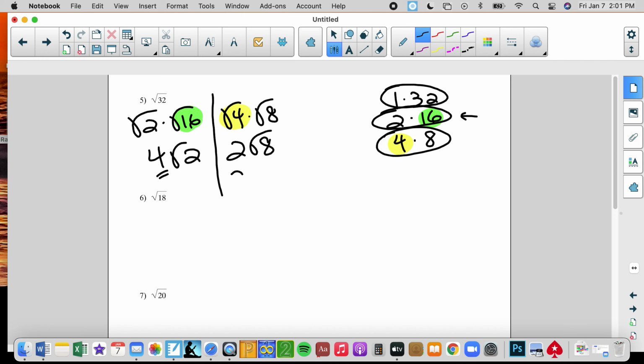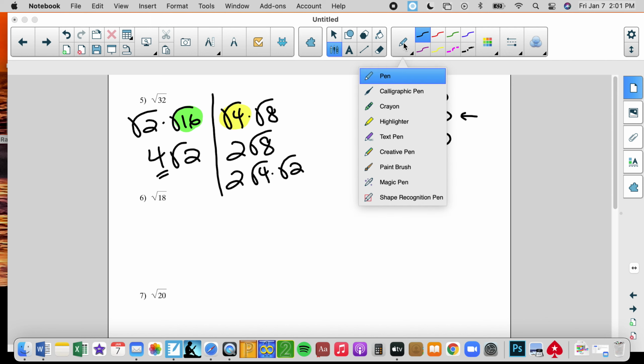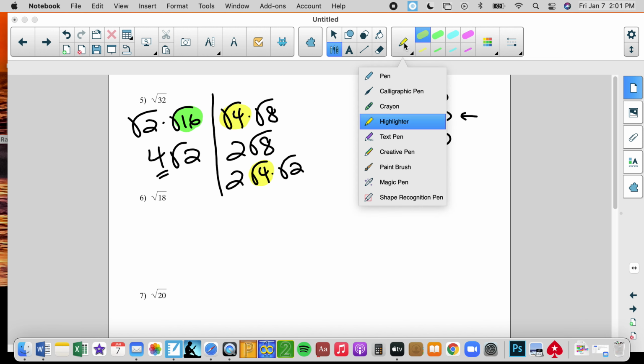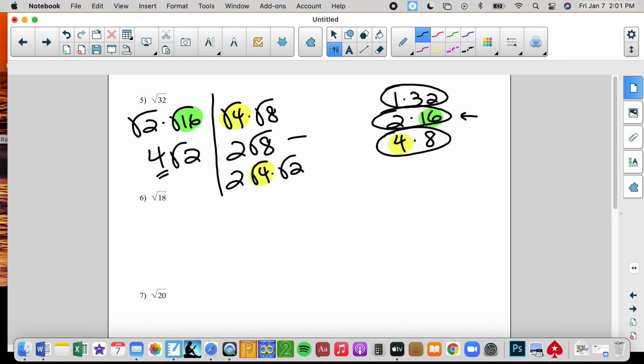And if we think about it, rad 8 can be written as rad 4, rad 2. And the reason why I broke 8 into 4 and 2 is because 4 is a perfect square. So we could still simplify this. And it's important to simplify these expressions, these radicals, completely.